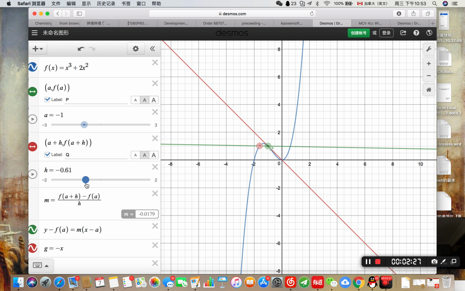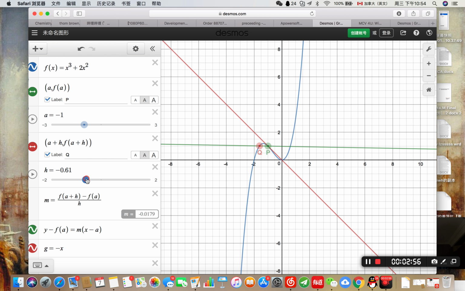I need to explain this red line is the tangent line at point P, and this line connecting point P and point Q is called the secant line. So our work is to find out in what situation the secant line becomes the same as the tangent line.